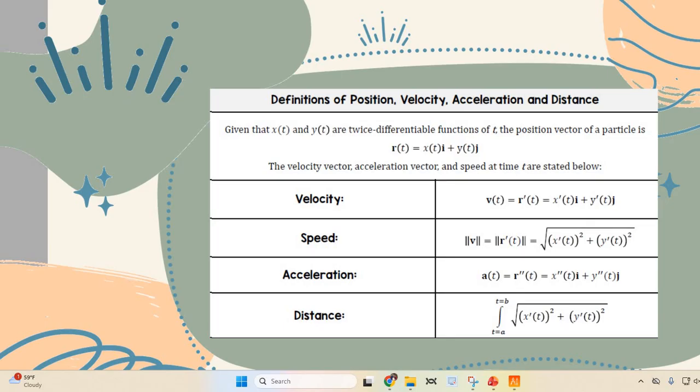Again, acceleration is going to be our second derivative, so we just take the second derivative of both parts. And then distance is basically the antiderivative of our speed or magnitude from A to B or wherever we're trying to get to.